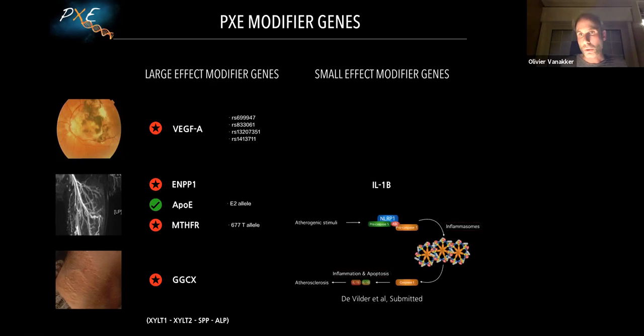And then we are also looking very actively at small effect modifier genes, and we have come up with some good candidates, which also need to be validated further, so they can't really be used, these small effect modifier genes, in the clinic yet. But we hope that in the next couple of years, of course, that we will gain more knowledge that would enable us to predict how the disease will evolve.